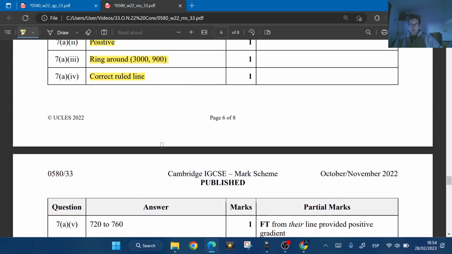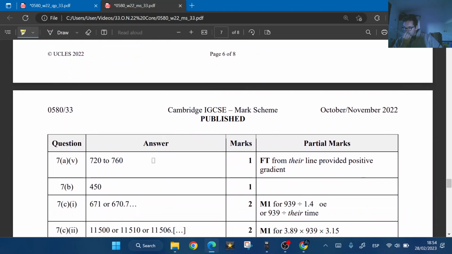Let's see what the mark scheme says. Anything between 720 and 760. So I get mine right. 719 gets 0 marks, 761 gets 0. But there is a follow through mark available here.